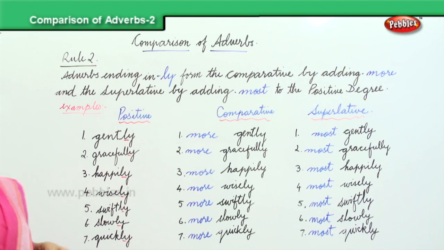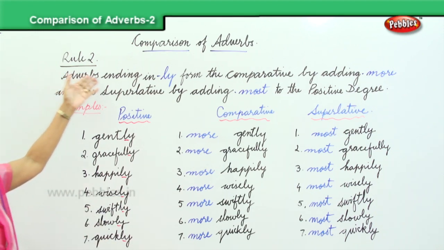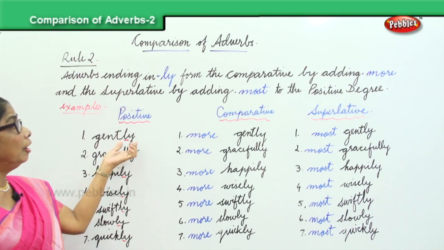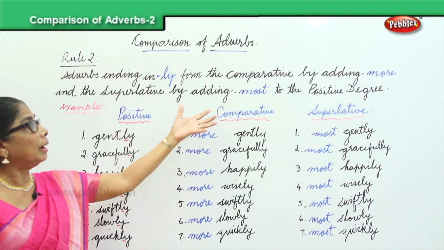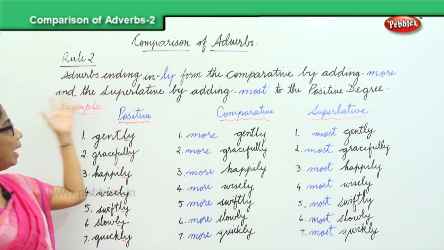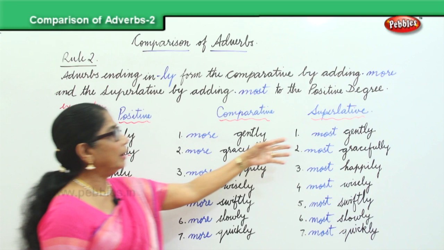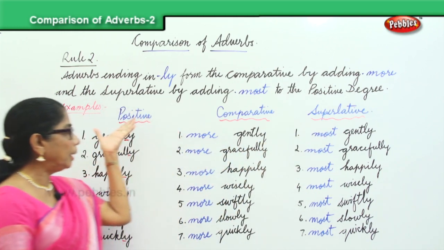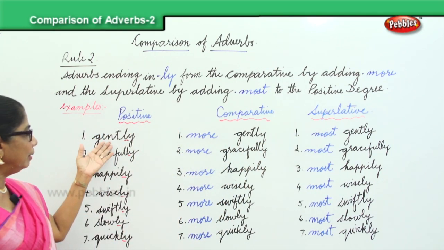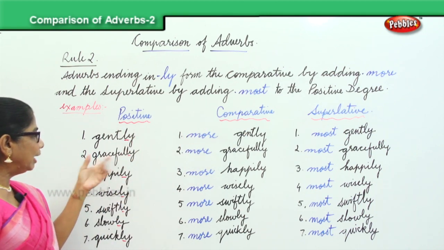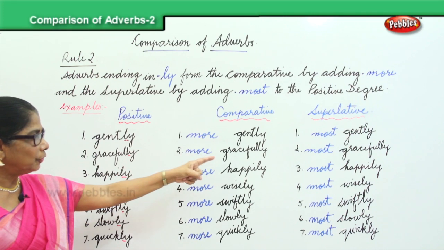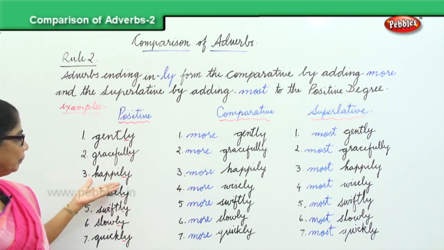This second rule is very easy for us. Rule number 2: adverbs ending in ly form the comparative by adding more and the superlative by adding most to the positive degree. Gently, more gently, most gently. Gracefully, more gracefully, most gracefully.